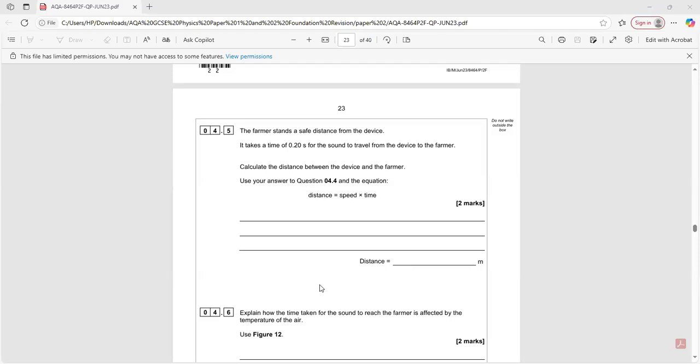Calculate the distance between the device and the farmer. The distance is given by speed times time. The speed of sound in this case, remember the speed we got from that graph was 340, right? Yes. So 340 times 0.20, what do you have?